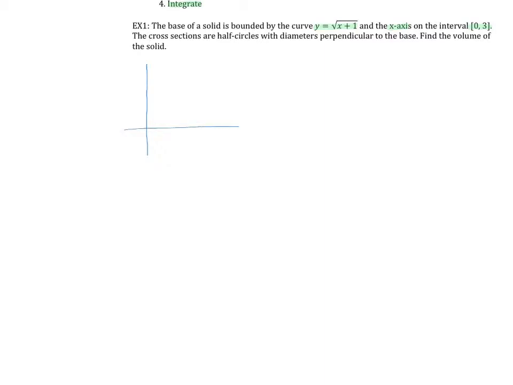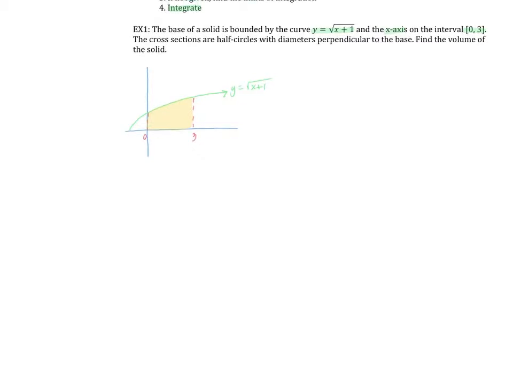We have this y function, and we're only going to be looking at 0 to 3. So this is our region that we're concerned with. This region is what they're referring to as the base.